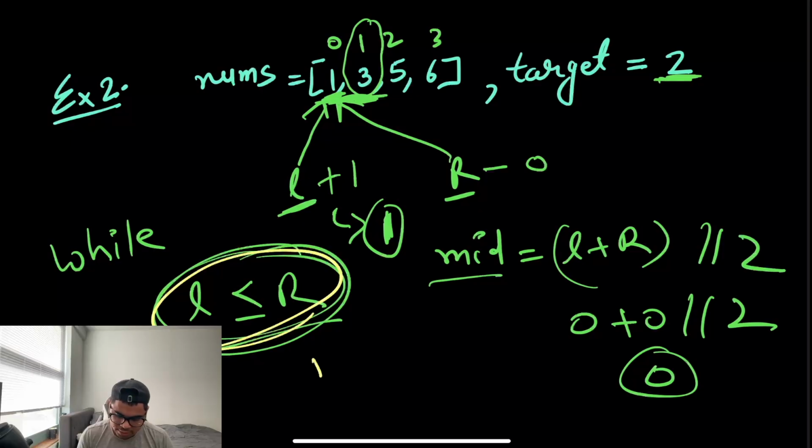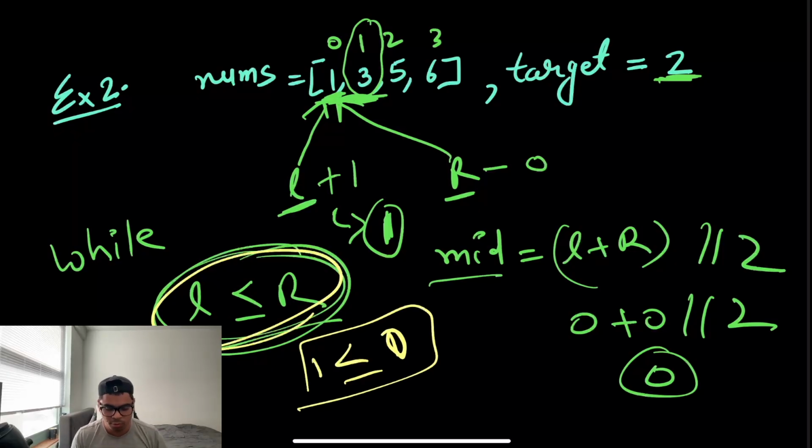Okay, so this falsifies, and the reason is that now my L is 1. Well, 1 is not less than or equal to 0. Then we will come out of the loop, but my left is pointing to basically 1, and that's what we return. All right, and I think in every case we will return left if we are in a situation where we did not find the element.